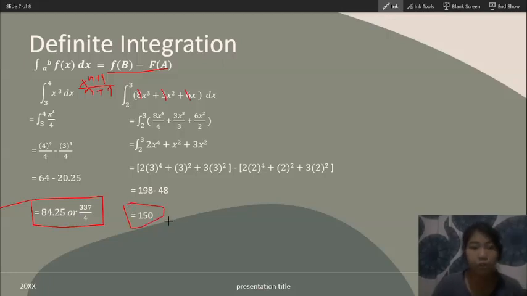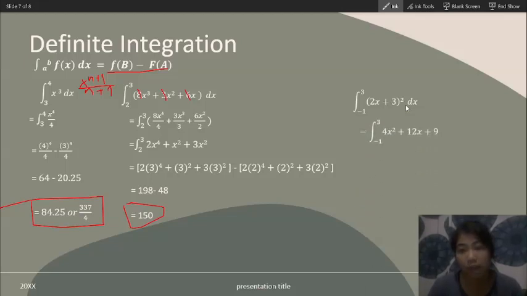Now, moving on to the third example, we have 2x plus 3 quantity squared dx. In order for us to integrate this properly, we first have to expand 2x plus 3 since there's a square here.